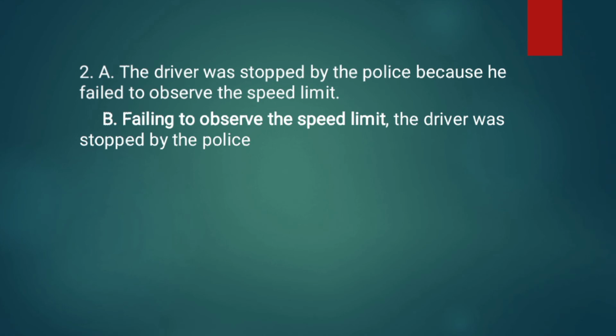So we start with this verb, which is in past tense, but here we put it in present continuous tense. "Failed to observe the speed limit" becomes "failing to observe the speed limit". The verb should change to present continuous tense.